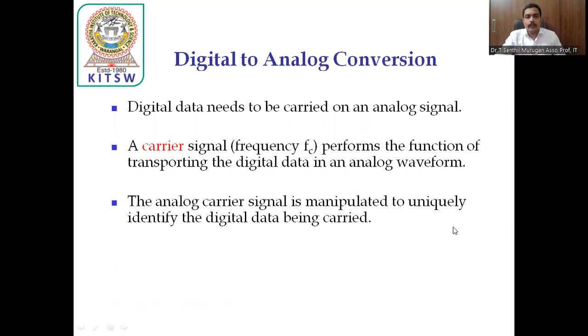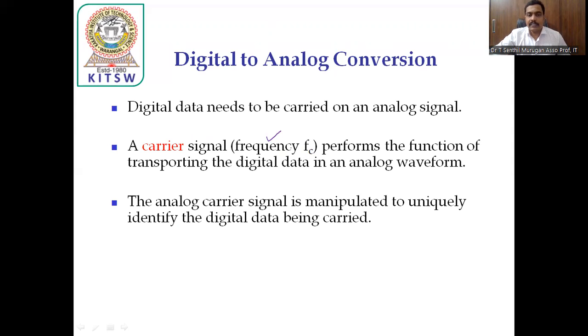So what is digital to analog conversion? Digital data needs to be carried on an analog signal. Whatever the form of data, it may be sent as an analog signal in the transmission medium. Already we know that. For that we need a carrier signal. What is a carrier signal? Carrier signal or carrier frequency, both are the same. Frequency fc means carrier frequency.